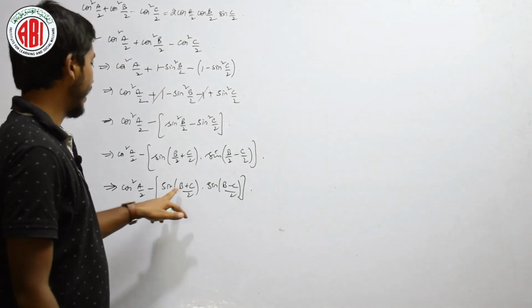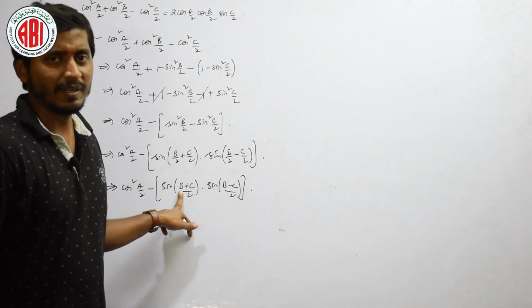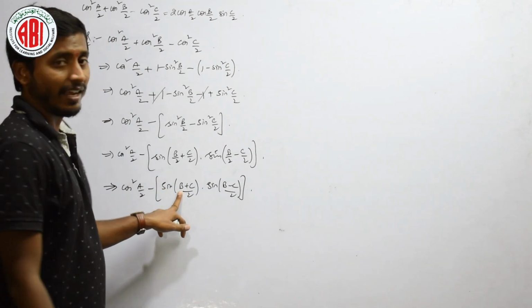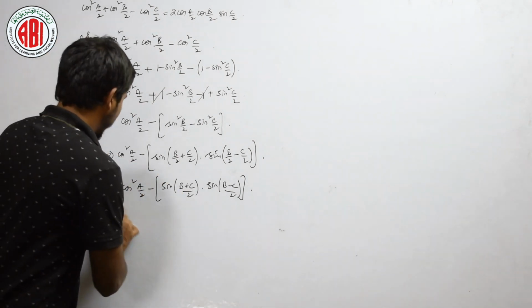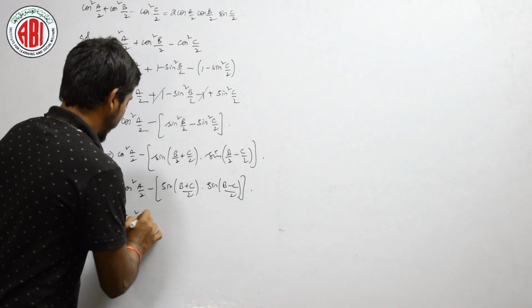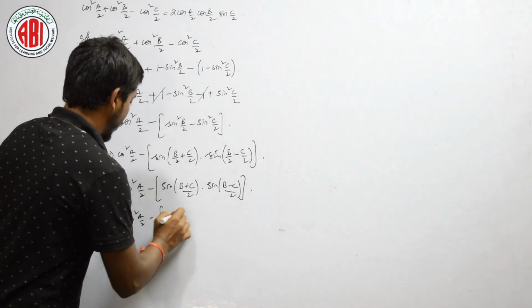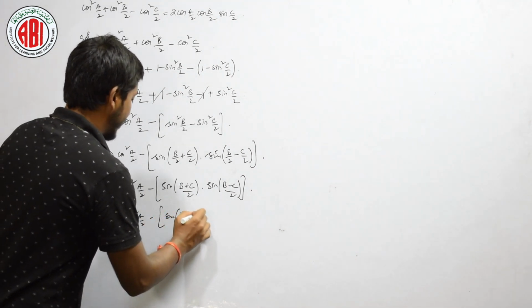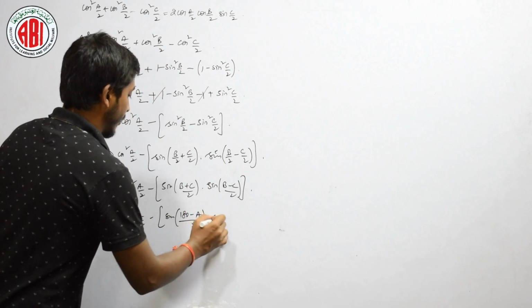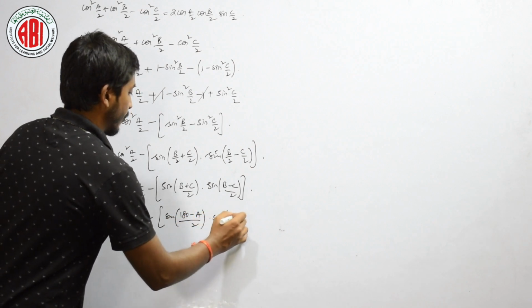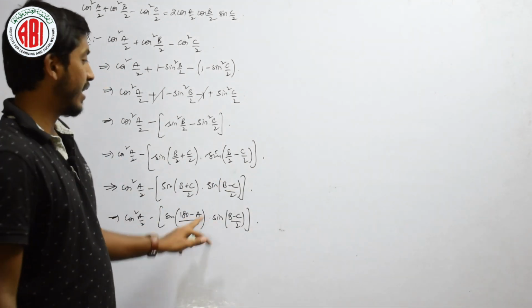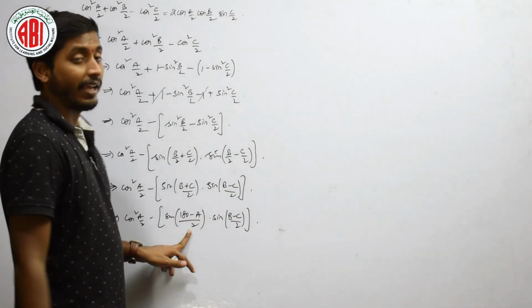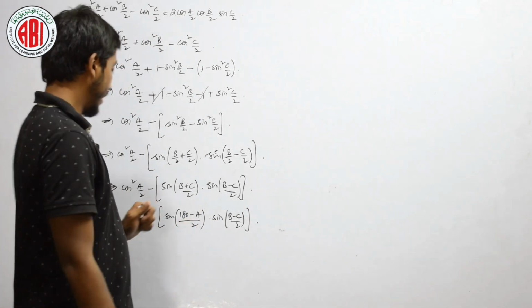Right? Again the same, can we change b plus c by 2? Yes, we can write b plus c by 2 as sine of 180 minus a, the whole divided by 2. Is that okay? What is 180 minus a, divided by 2? 180 by 2 is 90, so this will become 90 minus a by 2.